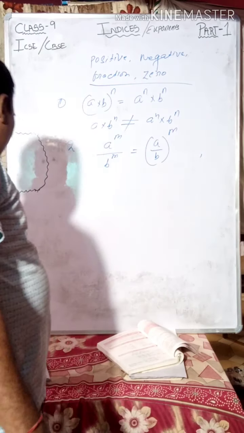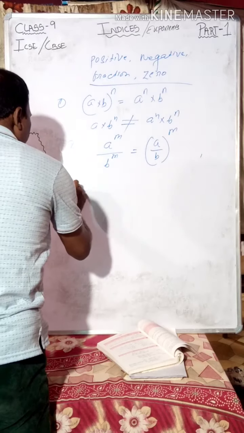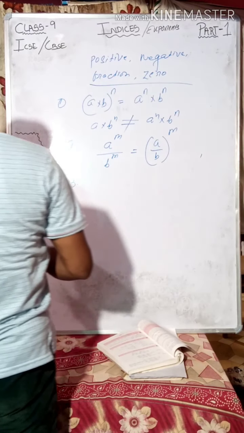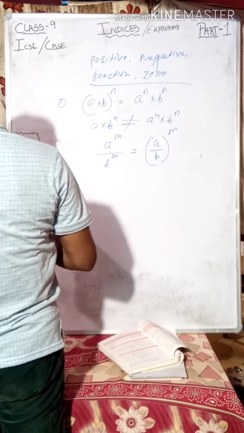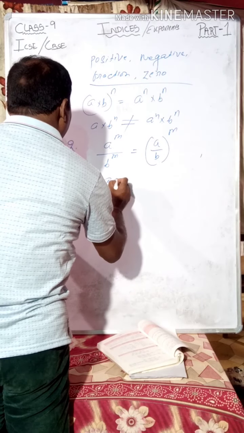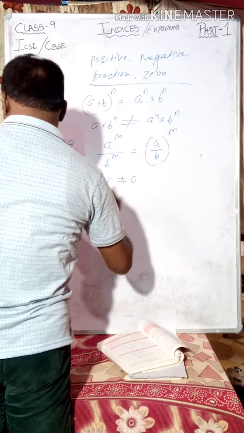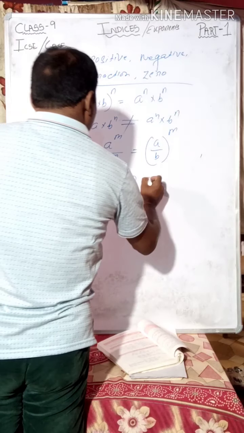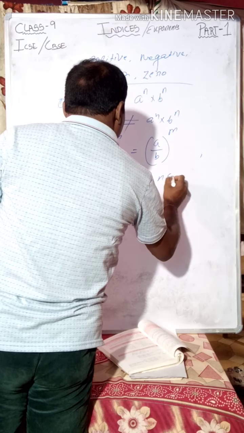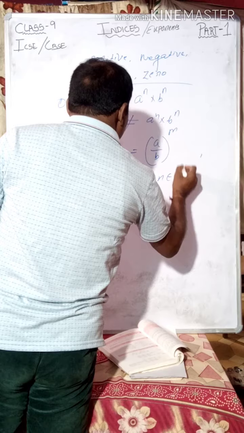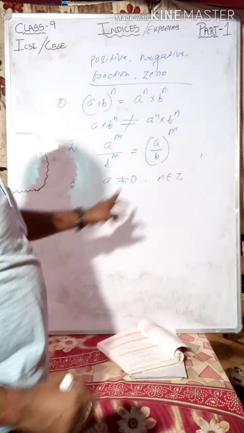Then the third technique: if a is not equal to 0, n is an element of Z, meaning integer. Z is a set.